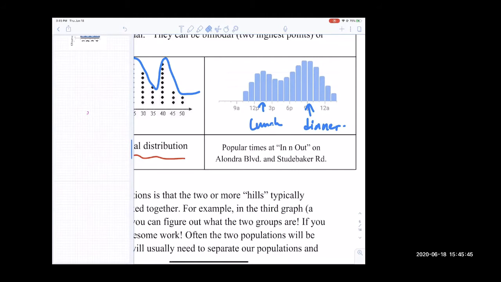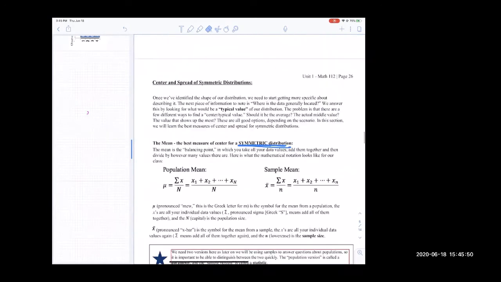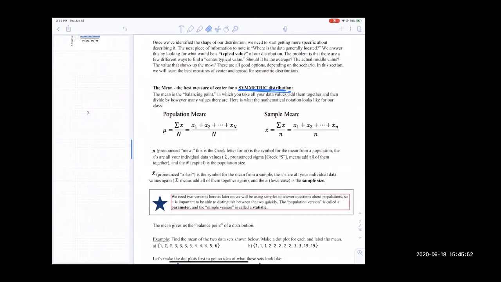One way to calculate the center, if it's a symmetrical and unimodal distribution, basically a normal distribution, is to use the mean, the typical measure of center. It's commonly known to you guys as the average, but that's the wrong terminology.